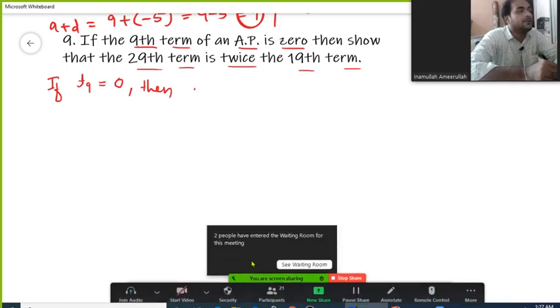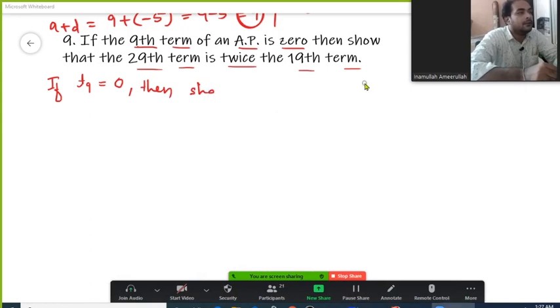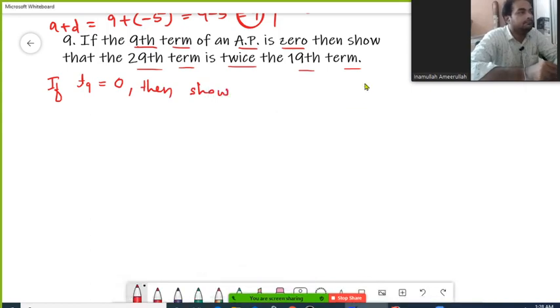We need to show that T29 is twice the 19th term, which means T29 is 2 times T19.